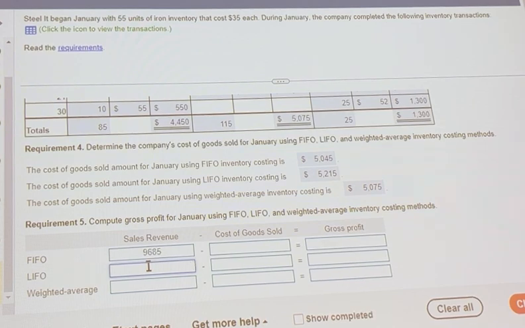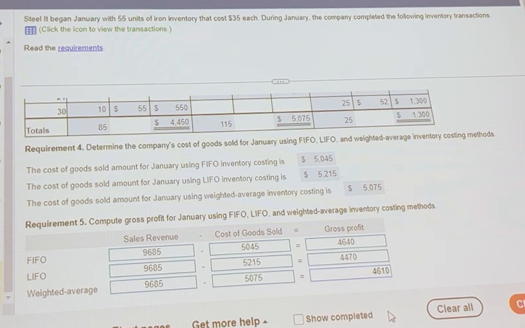So that will be the same for each of the three methods, that doesn't vary. And then fill in the cost of goods sold numbers that we just filled in above. And then by subtracting, we get gross profit. So 4,640, 4,470, 4,610.